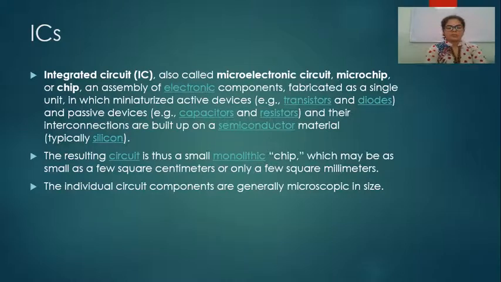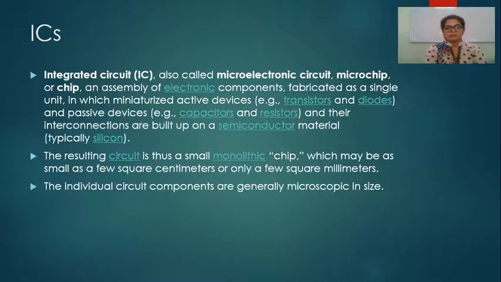They are known as a microchip or chip, and it is an assembly of electronic components fabricated as a single unit in which miniaturized active devices are combined. It is a combination of different active and passive devices.